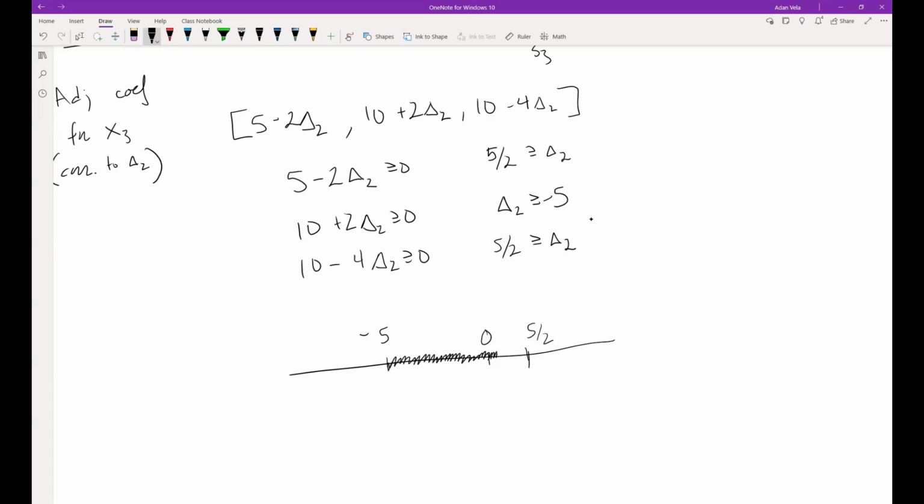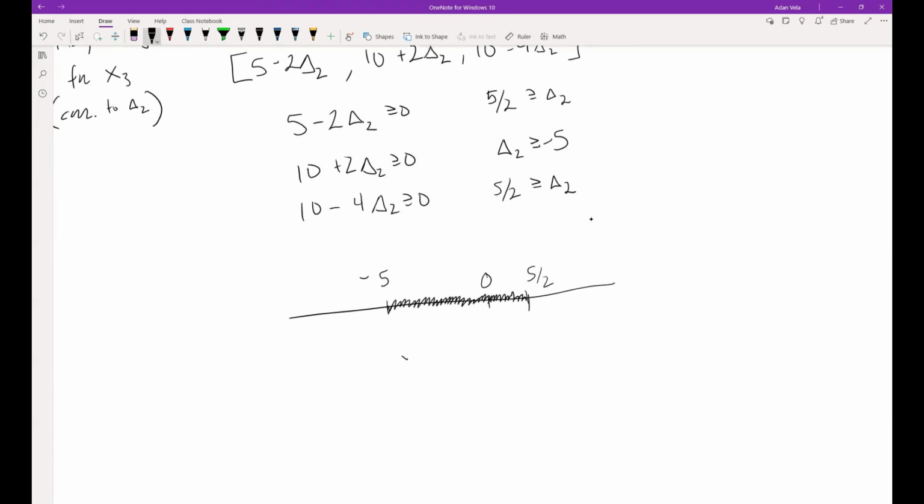So what this tells us is that when delta 2 is between -5 and 5/2, then the optimal basic variables remain the same.